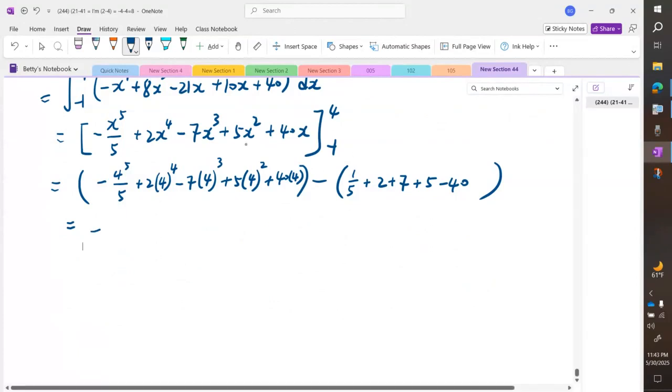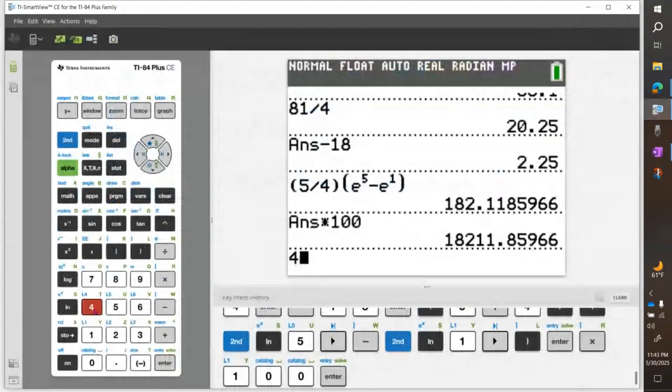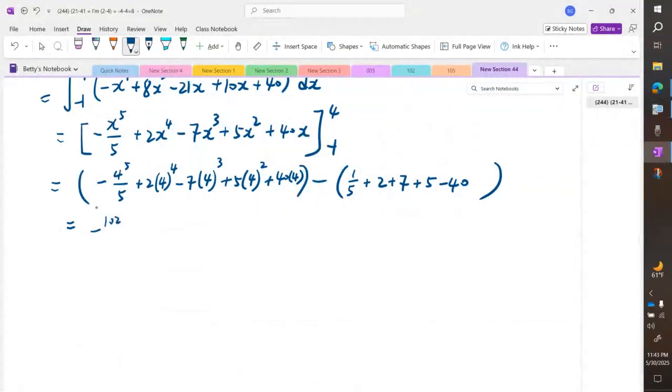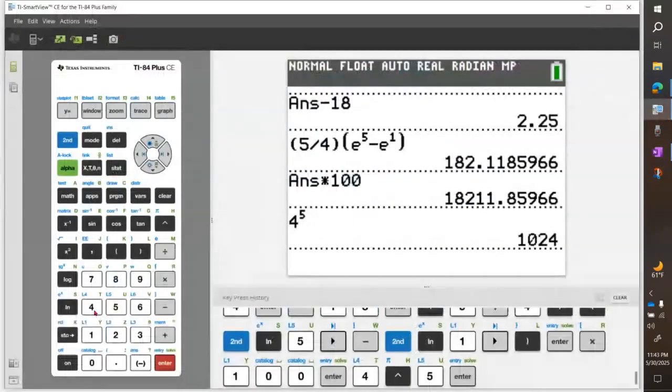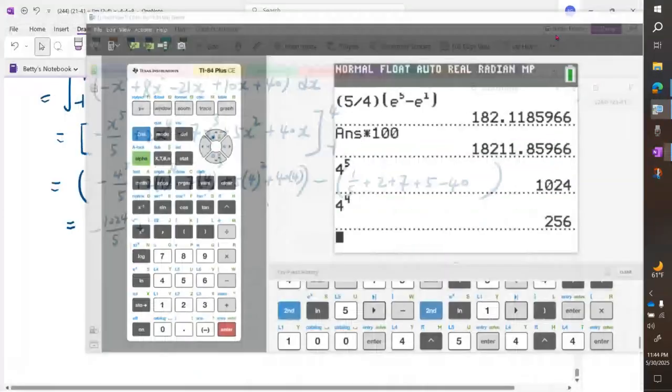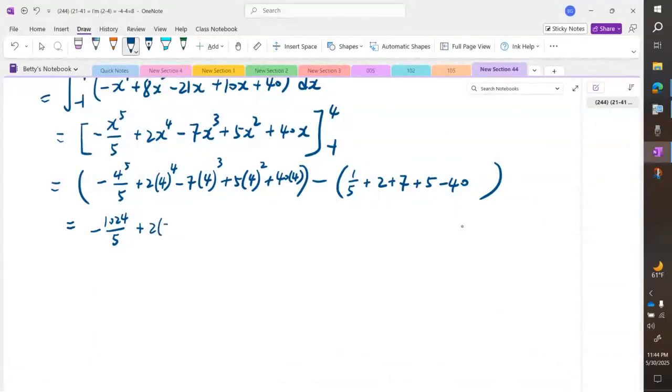This is 4 to the power 5th, 4 to the power 4th, minus 7 times 64, plus 5 times 16.